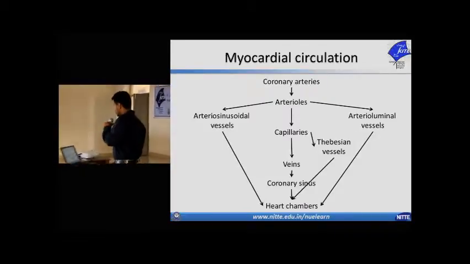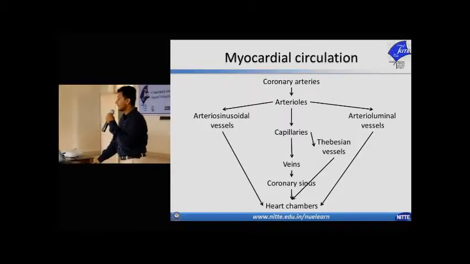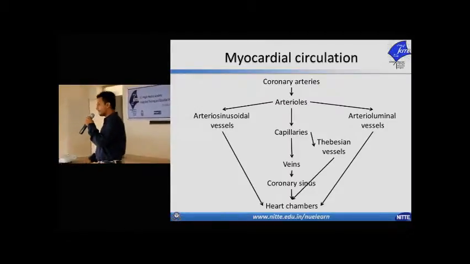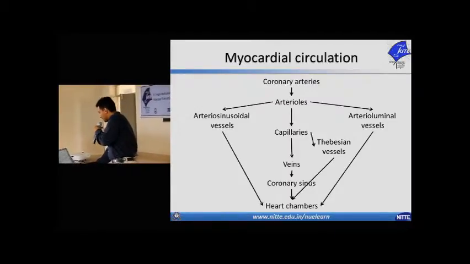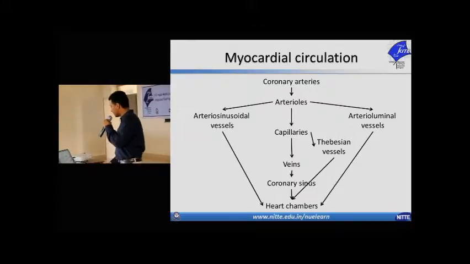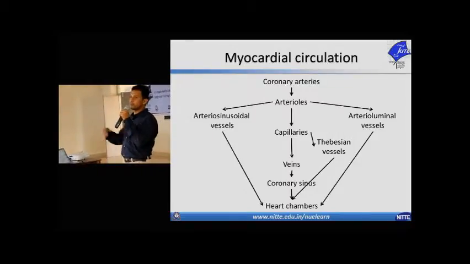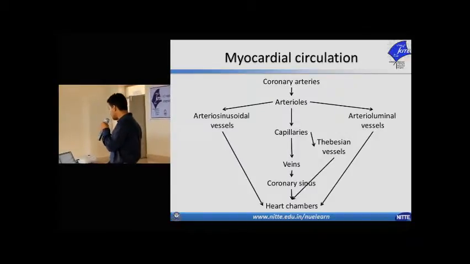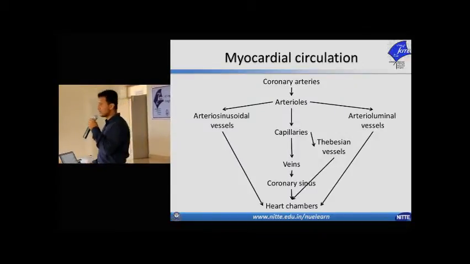This is a slide about the myocardial microcirculation. The main important pathway is the coronary arteries, which again redivide into arterioles and capillaries. Then they supply the wall of the heart. Then there are some veins, which drain into the coronary sinus.